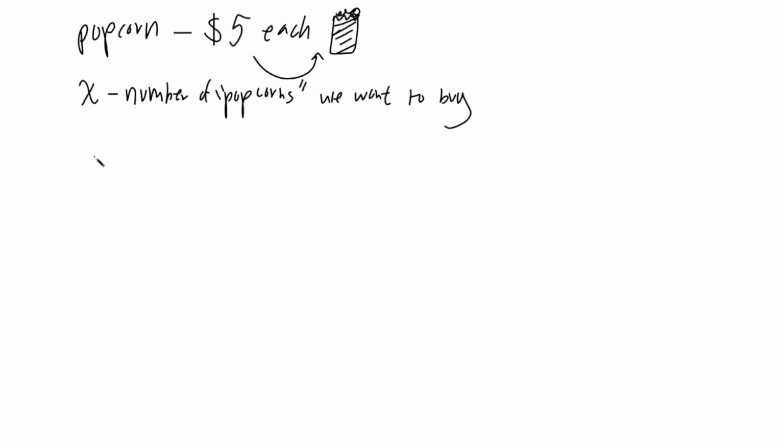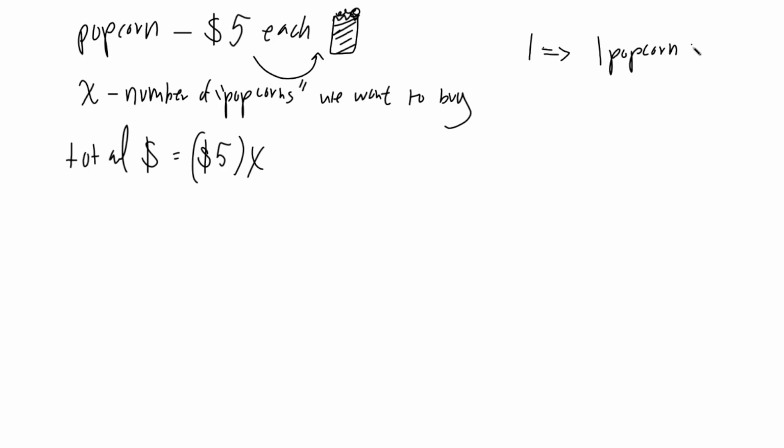Since it's $5 each, the total cost is going to equal $5. Let's redo that so it's a little neater. $5 times our variable, which is X. So X is how many we want to buy, so we would multiply that by the cost of each, because think about it. If we want to buy one popcorn, we're basically multiplying one popcorn times the cost, which is $5.